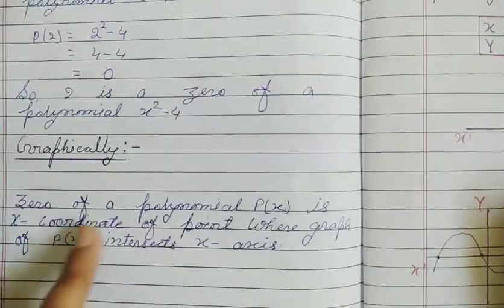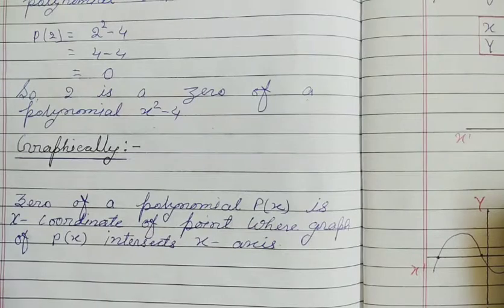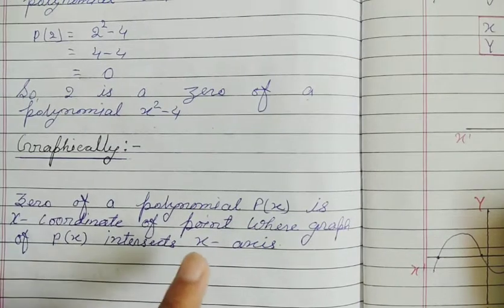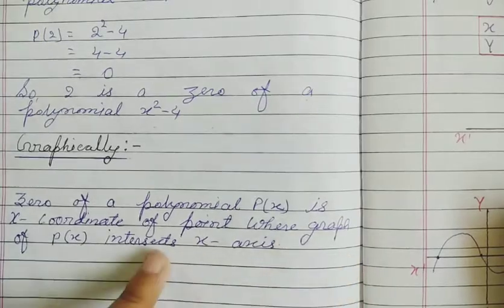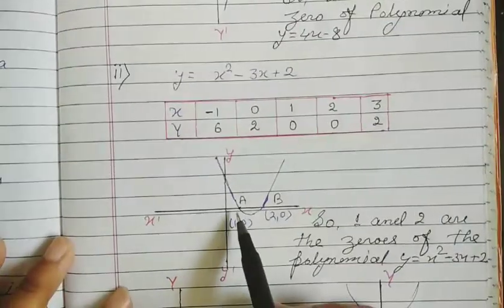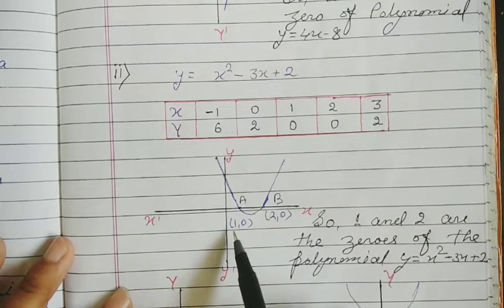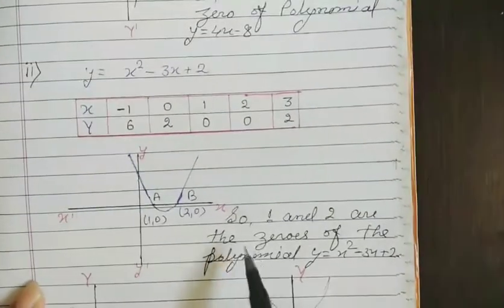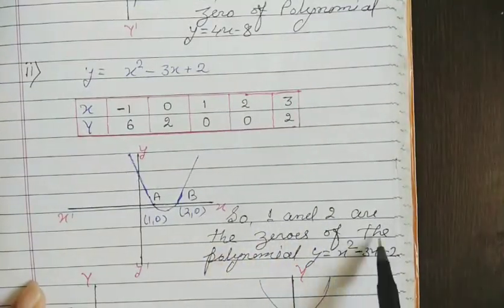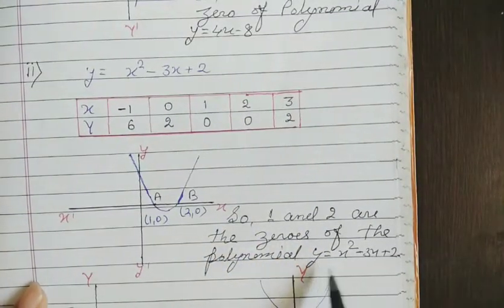According to the previous statement, the zero of a polynomial p(x) is the x coordinate of the point where the graph of p(x) intersects the x-axis. The x coordinate of this point is 1 and the x coordinate of this point is 2. That's why 1 and 2 are the zeros of the polynomial y is equal to x square minus 3x plus 2.